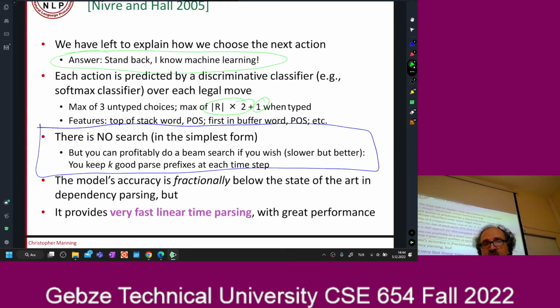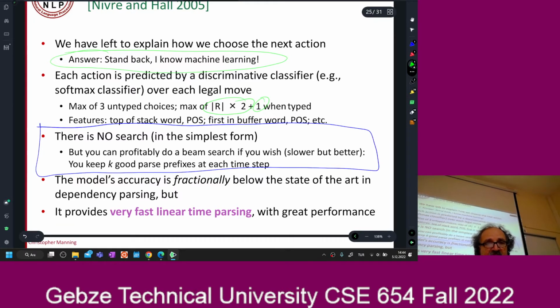Greedy search always keeps only the best solution available. With beam search you keep the 4 best solutions and try to update each of them because you don't know which one is going to be the final result. So even if you do the beam search, it's not going to be optimal at the end because you are not exploring all possible ways of dependency parsing a given sentence.